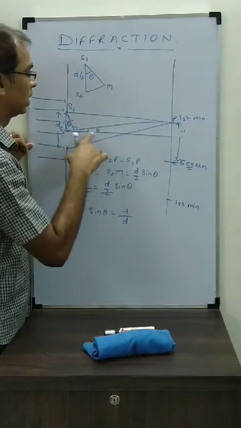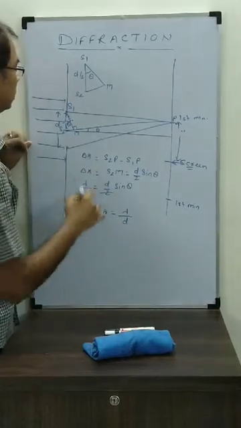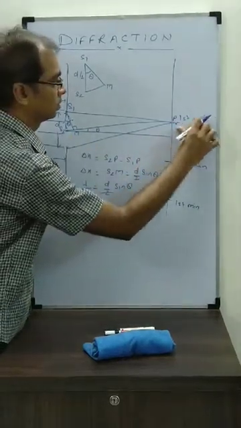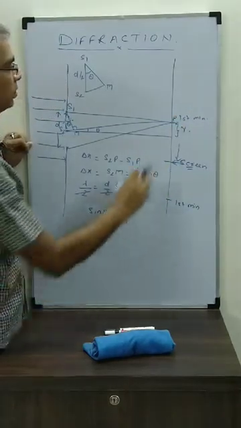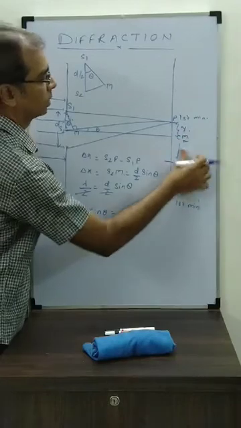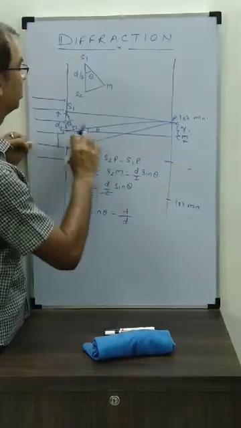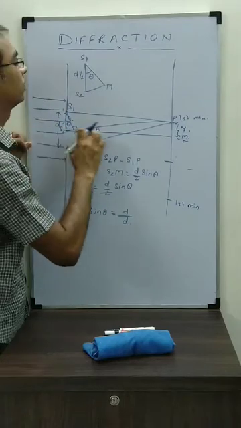So if this is theta, and in this triangle if you check, then I know that this is your y. Okay, this is y. This is the position of central maximum, which is in the middle of the two sources, which is in the middle of the slit.